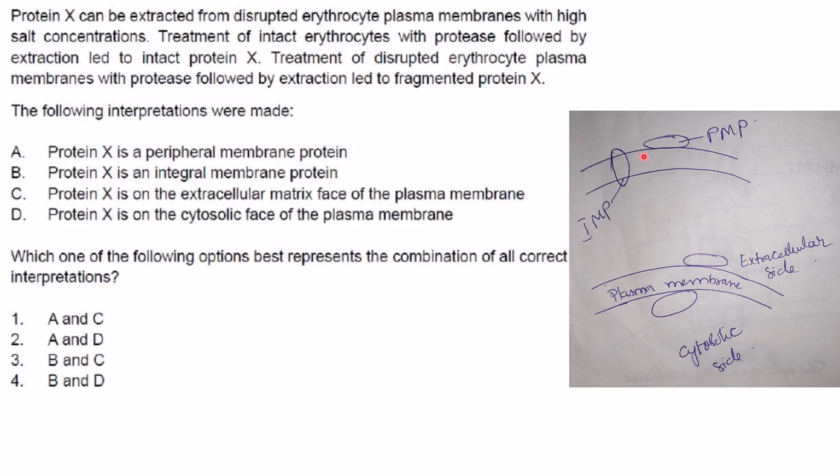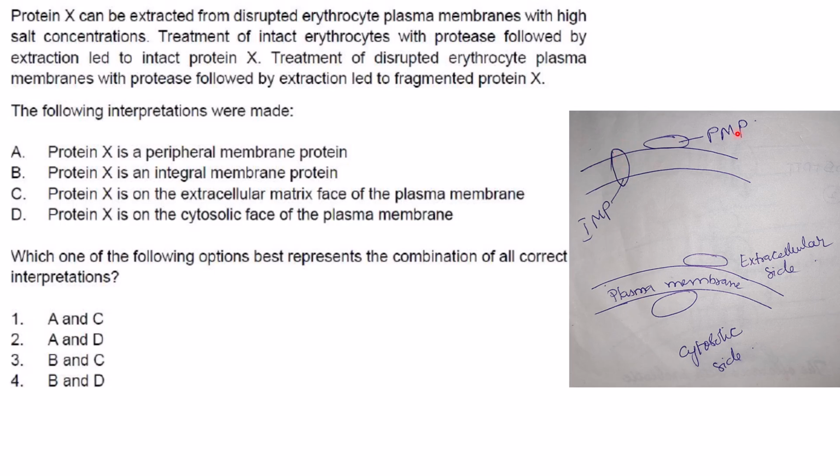And integral membrane proteins are found in the lipid bilayer, and first what you have to do is disrupt the lipid bilayer by treatment with detergents, and then isolate the proteins. That is how you isolate integral membrane and peripheral membrane proteins.